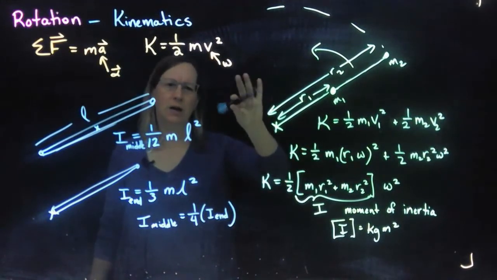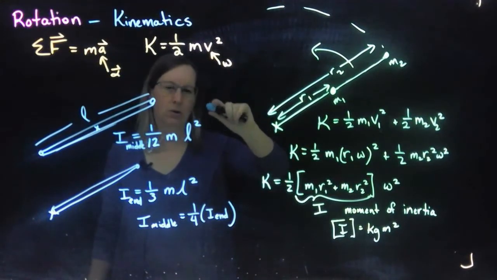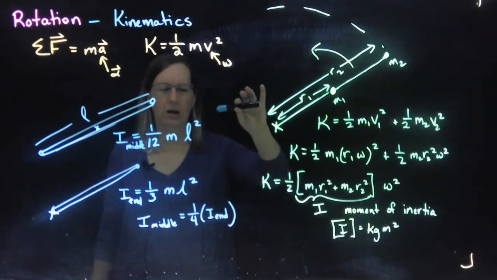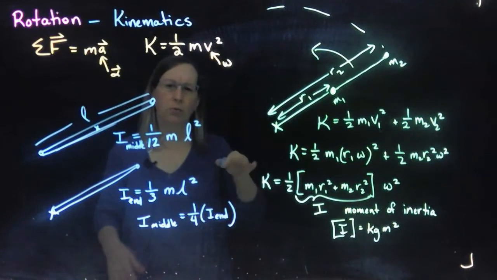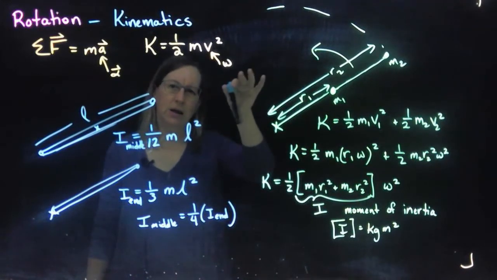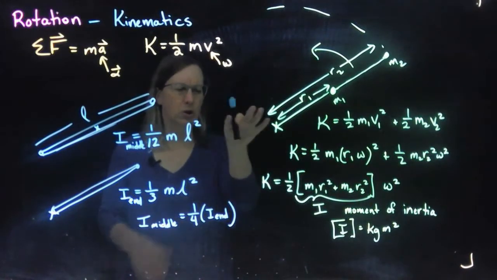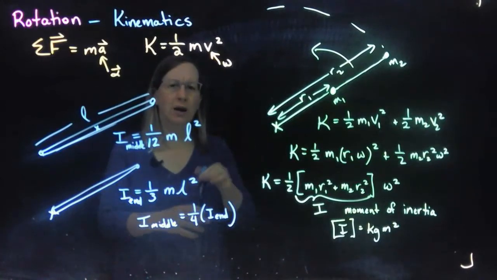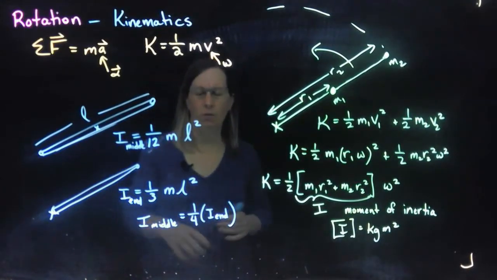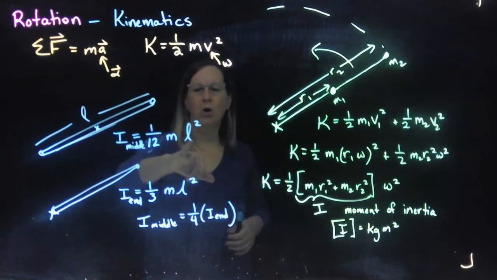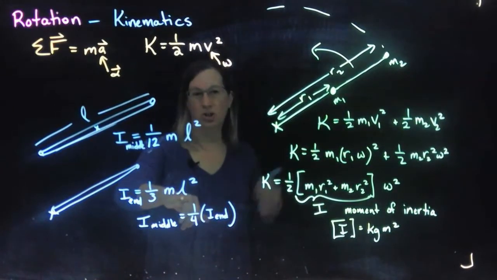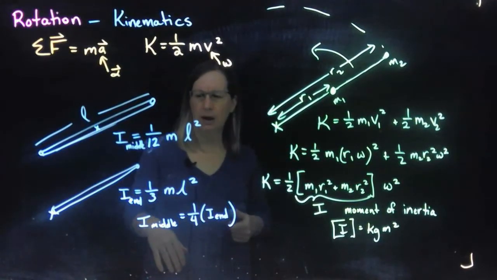If you take a stick or a pencil or pen and rotate it about the middle, that's fairly easy to do. And if you rotate it about the end, it's just not as easy to do. So when you do that, you can actually feel the effect of the moment of inertia. And this is really apparent with something fairly long, where this L, which is squared, starts to come into play.